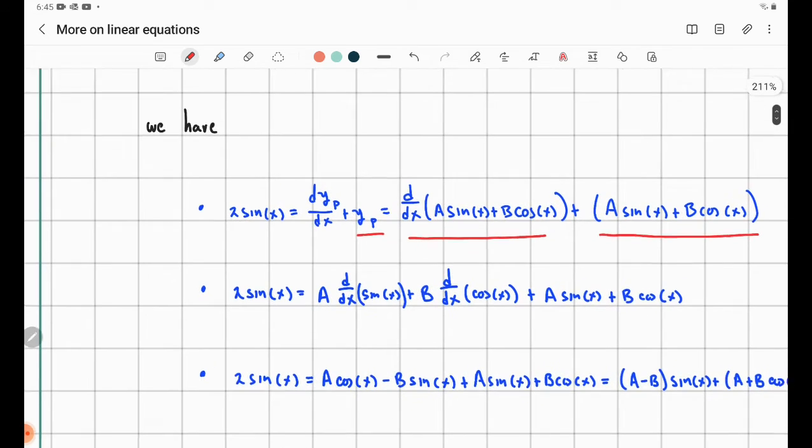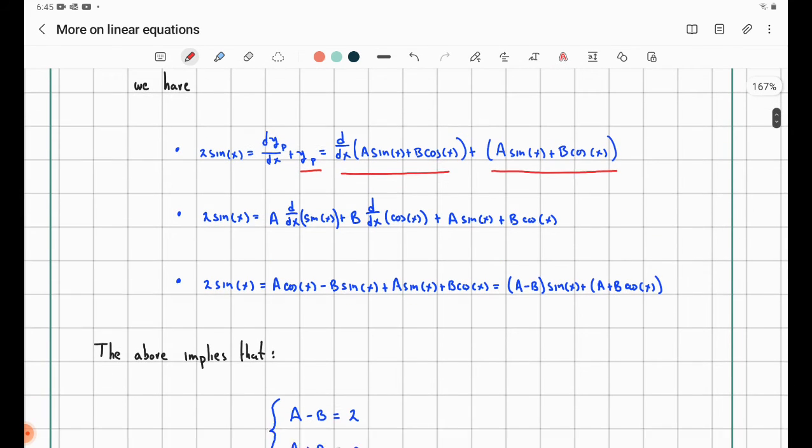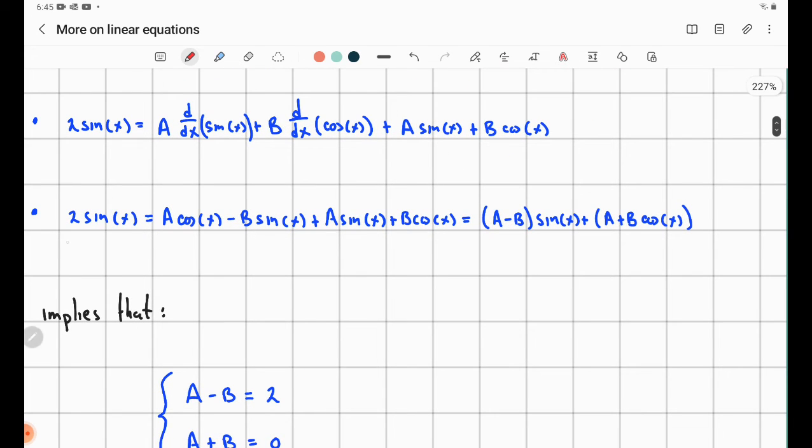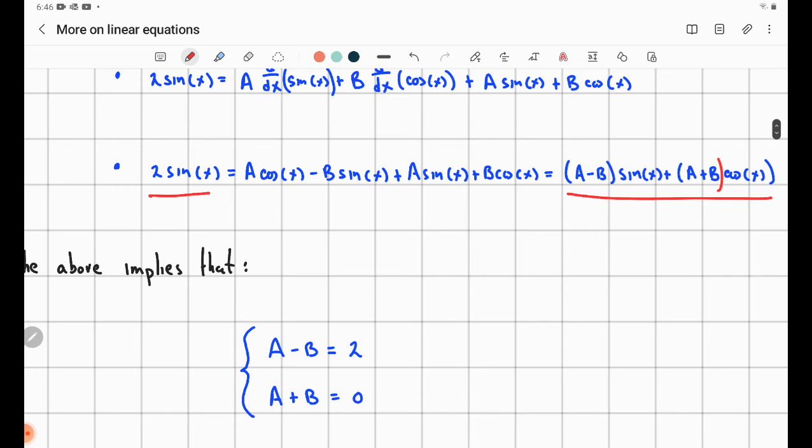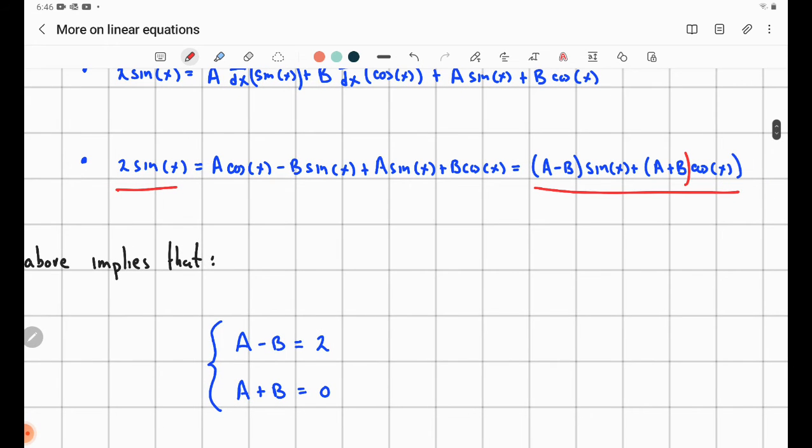If you perform the algebraic operations, you end up with this equality: 2 times the sine function must be equal to the difference a minus b times the sine function plus the sum a plus b times the cosine function. And this imposes some restrictions on a and b.